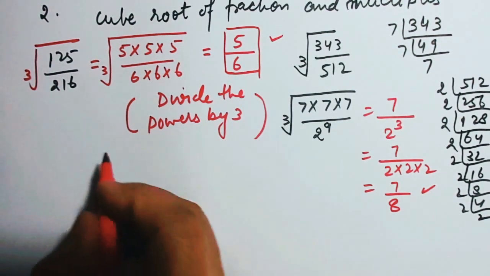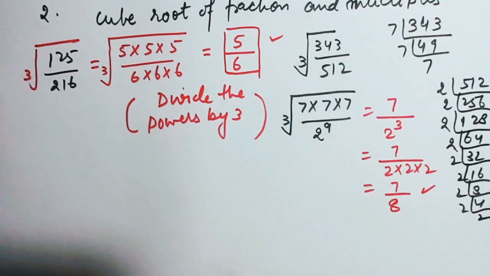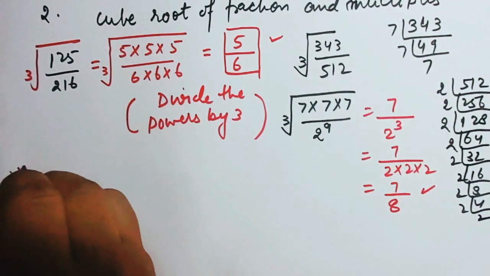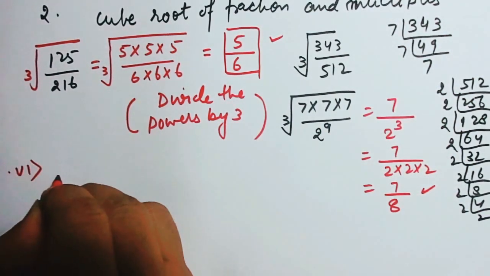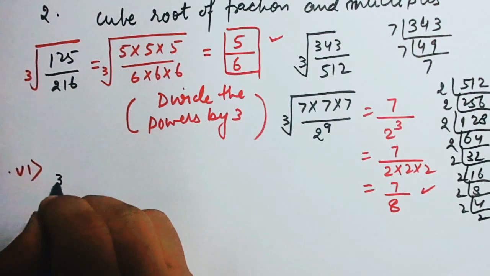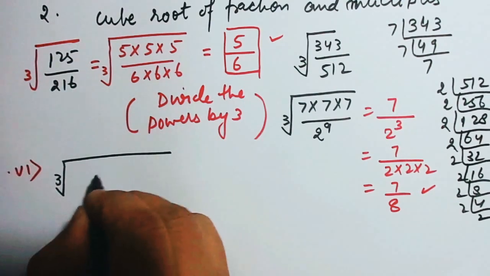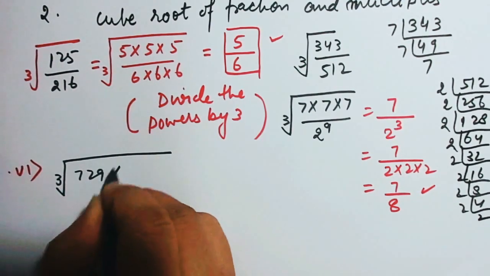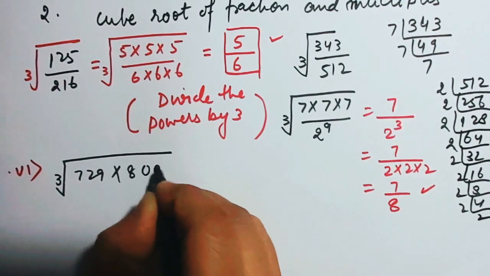Let me take one more number. As I told you, multiples are also there. So in number 6 we have a multiple: find the cube root of 729 multiplied by 8000.